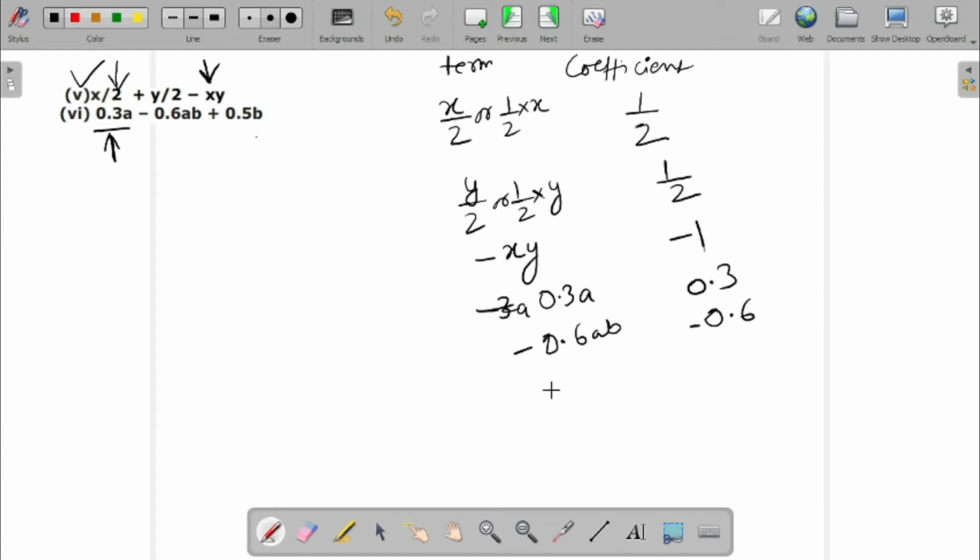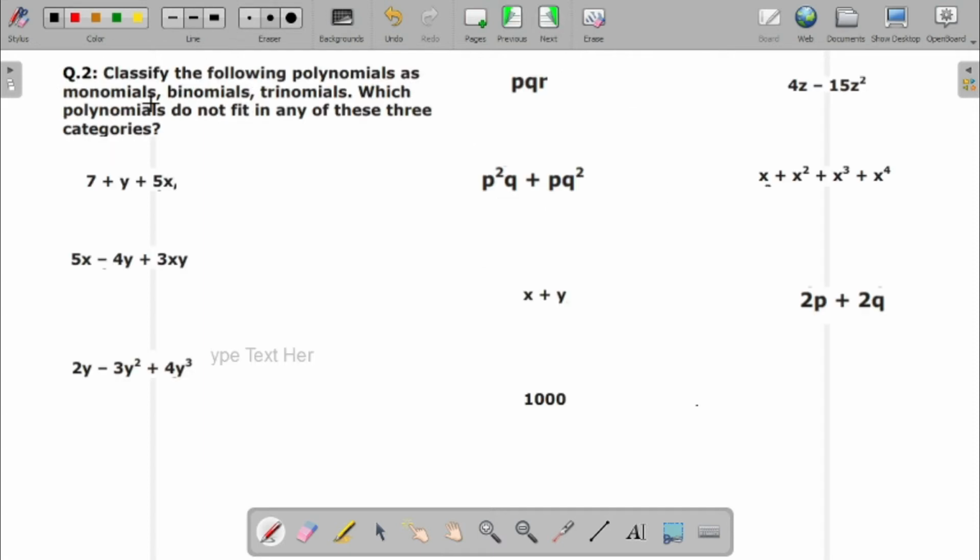Then the third part, 0.5b, so the coefficient is 0.5. So this is about the sixth part. Now we move to the next.